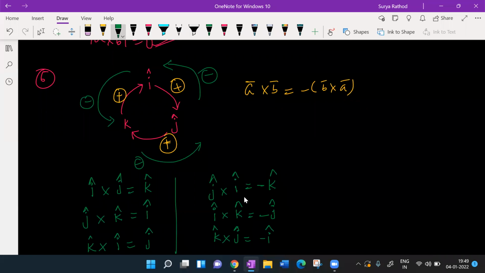Very good. So, next. Guys, here all you need to remember is this one, this small one, this low one is the right.